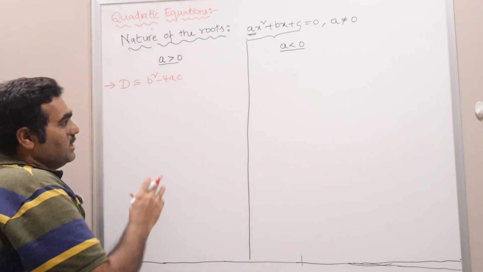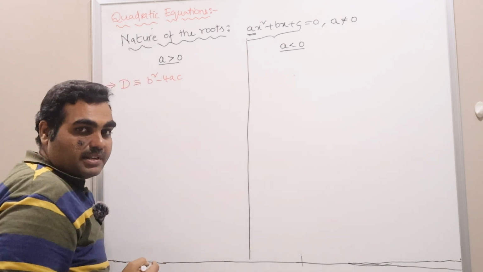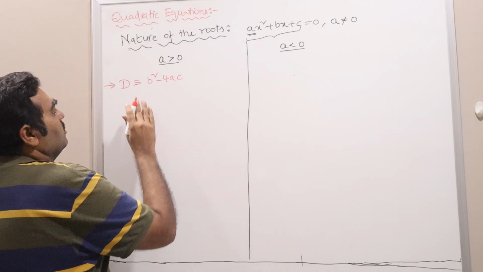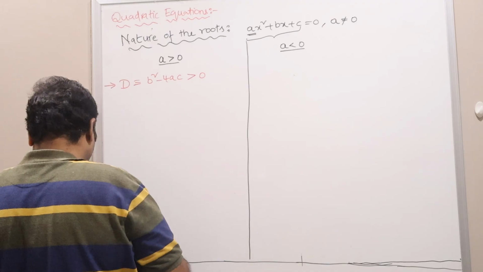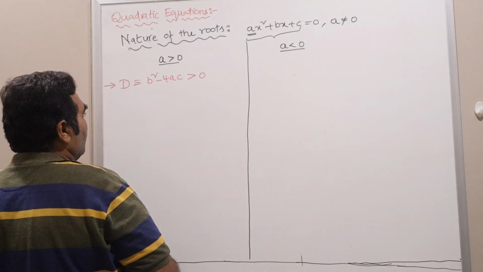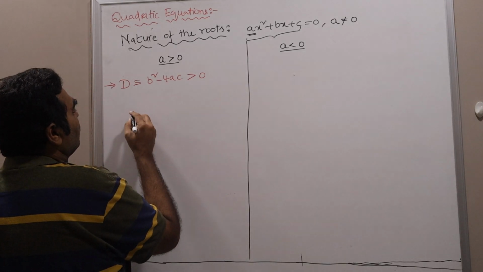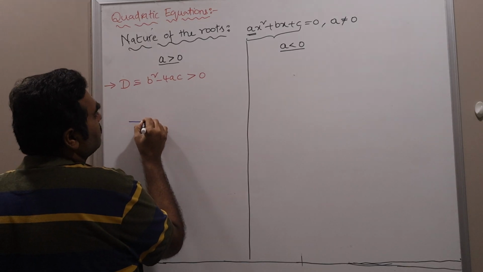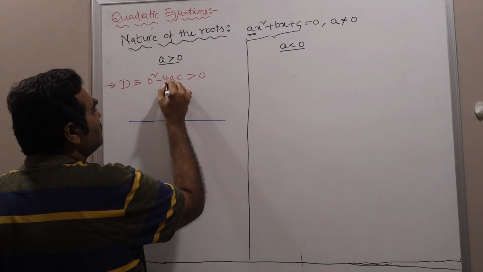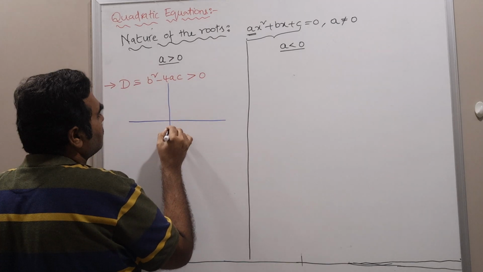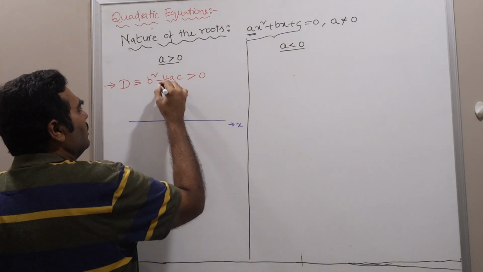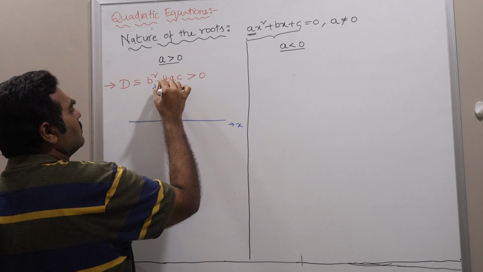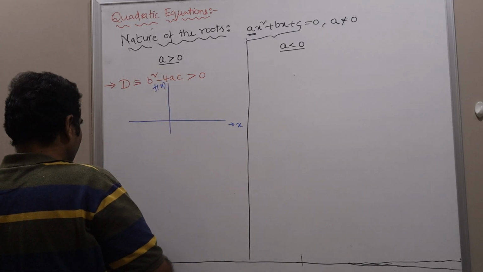Let us see how they can be represented graphically. Let me draw. This is the x-axis, this is f of x, or the y-axis you can say.